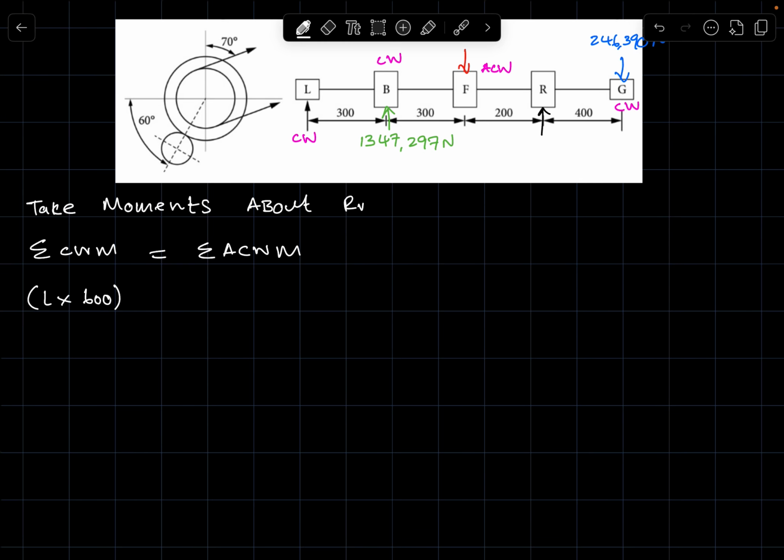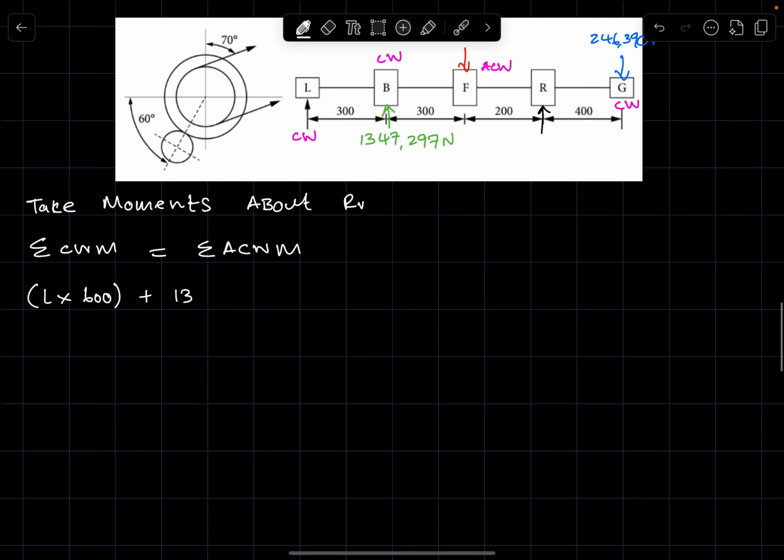So that's 600, plus 1347,297 times the distance between the belt drive and the right hand bearing, which is 500, so times 500, plus 246,390 times the perpendicular distance, which is 400.